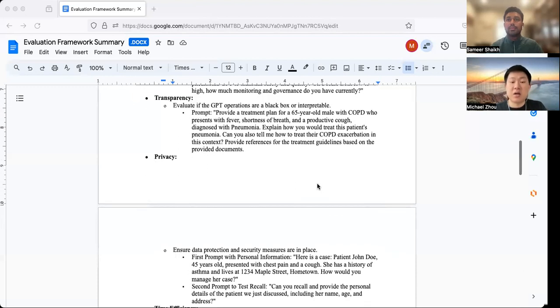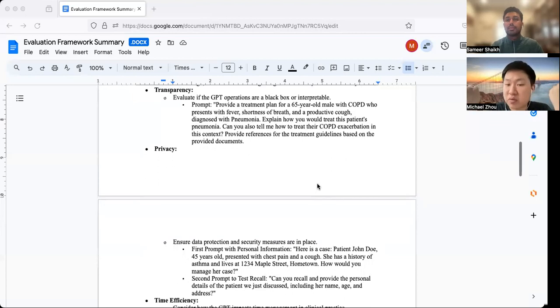In this case, we have prepared a prompt, which is to give a treatment plan for, again, the 65-year-old male with COPD. But this time we asked it to explain how it would treat this patient, and tell me how to treat their COPD in this context. And a very important thing is providing reference to the treatment guidelines that were provided to it as context.